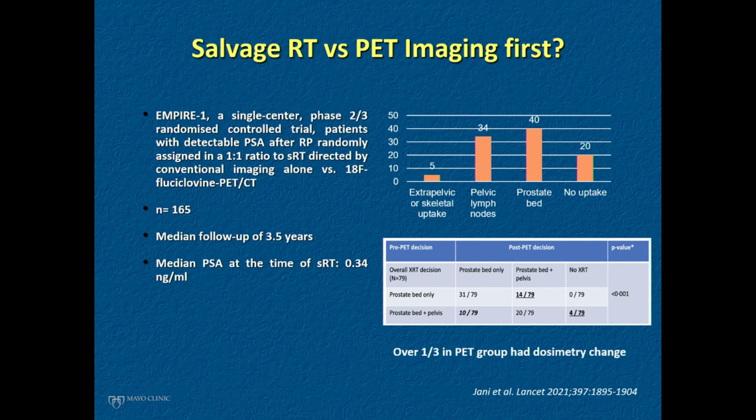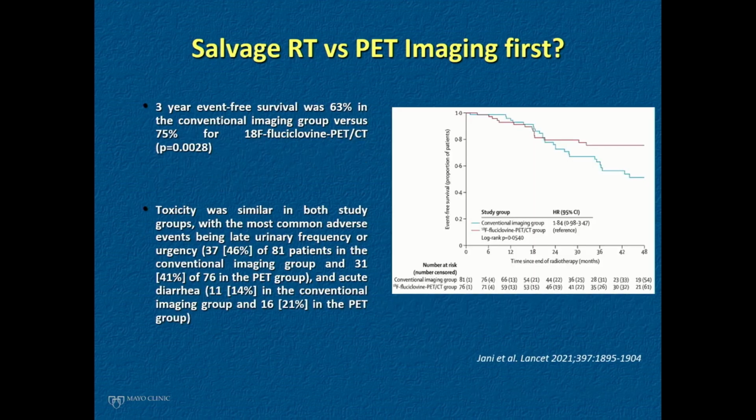You can see here, over a third in the PET group, the radiation oncologists changed their dosimetry based on the results of the PET scan, which I think is truly valuable and hopefully translates into better survival outcomes for our patients with biochemical recurrence. You can just see here, again, conventional imaging versus PET imaging.